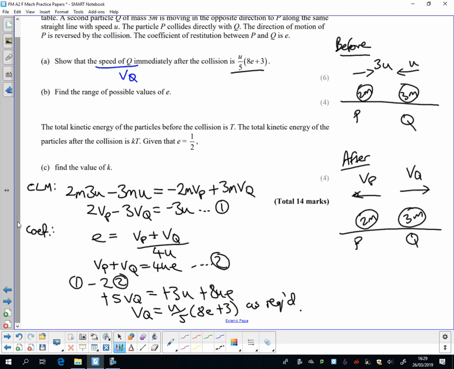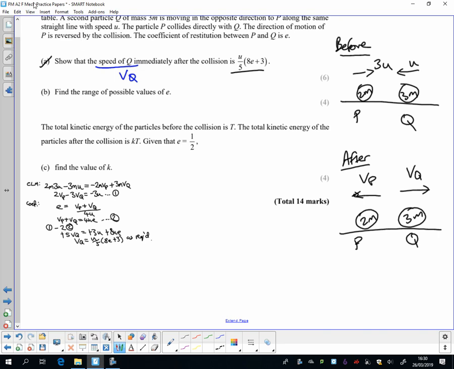Okay, the next bit is we want to find out the possible values of e. That was part A. Right, part B. So we want to find out what e could be. Well, what do we know?